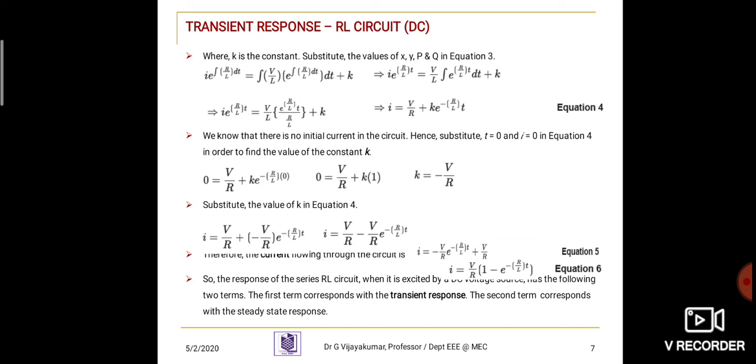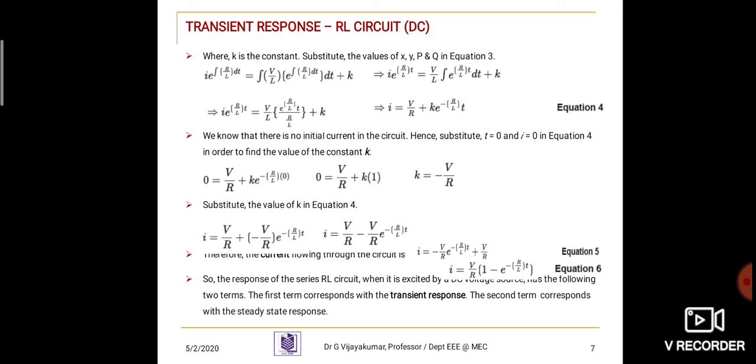So finally, I obtain equation 4: i is equal to V by R plus k into exponential of minus R by L into t. Here V is the voltage and R is the resistance. L by R represents the time constant tau and t is the time response.